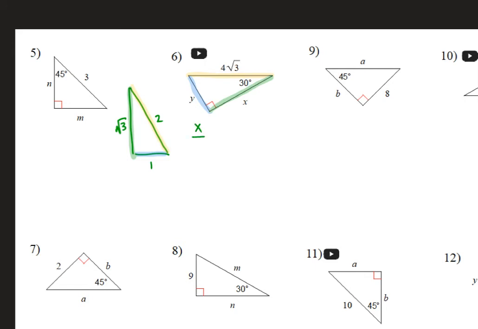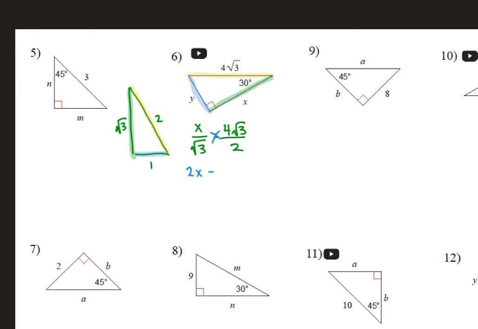So x is my long side, and that goes with the square root of 3, equals 4 square root of 3 over 2. So I did long over long equals hypotenuse over hypotenuse. Okay, this one we do need to cross multiply.